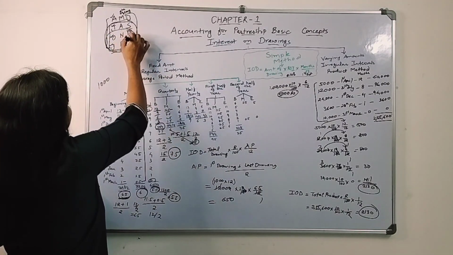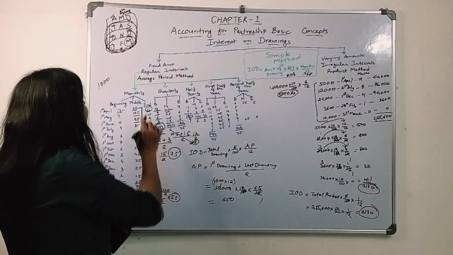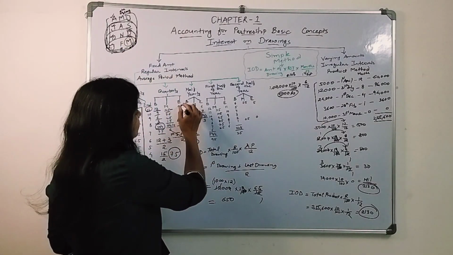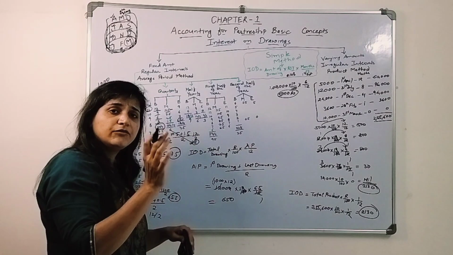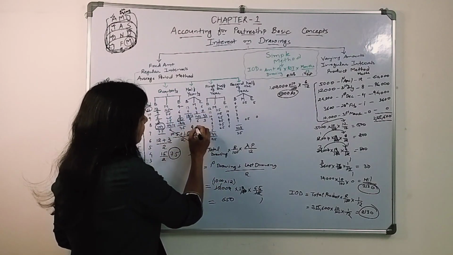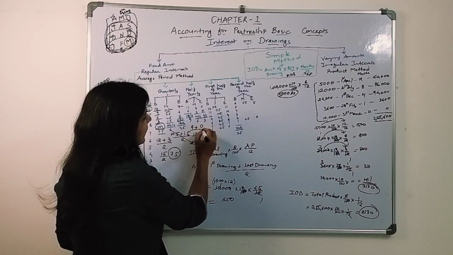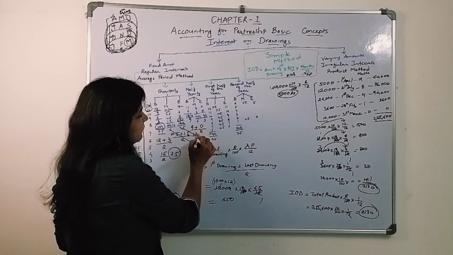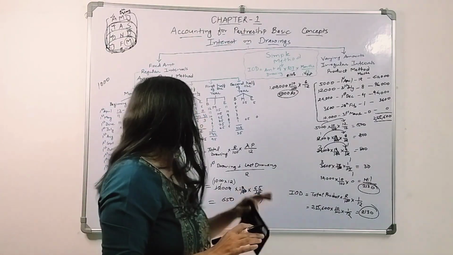End of December, he has to give interest for 3 months, and end of March he is not supposed to give any interest. So how we will get to the average period? 9 the first month plus 0 divided by 2. 9 divided by 2 is 4.5. Okay, that's how we will calculate.